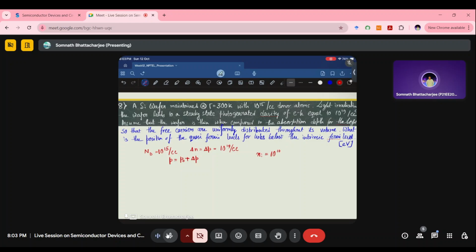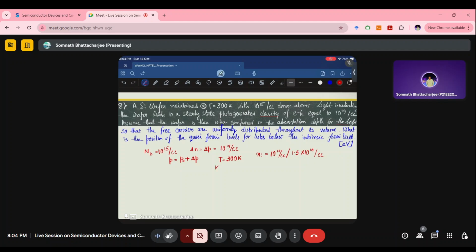Ni can either be 10 to the power 10 or 1.5 into 10 to the power 10, so you can put any of that, per cc in both cases. And they have given T equals 300 Kelvin.